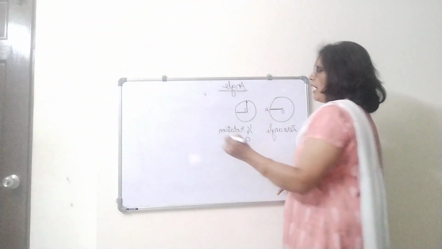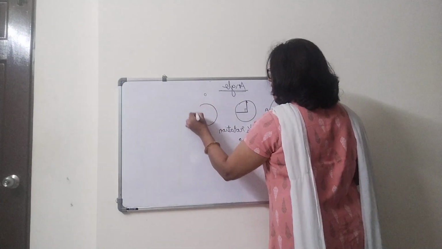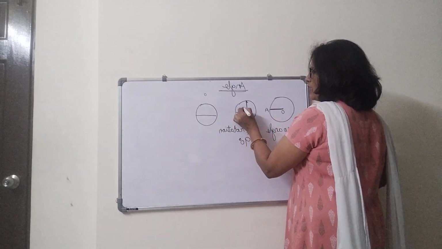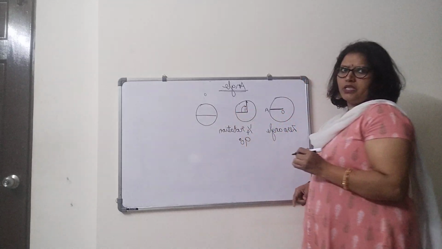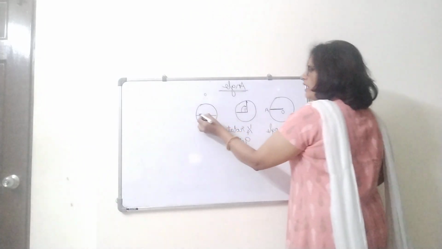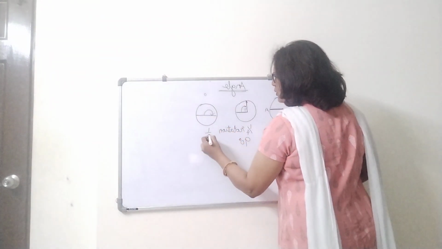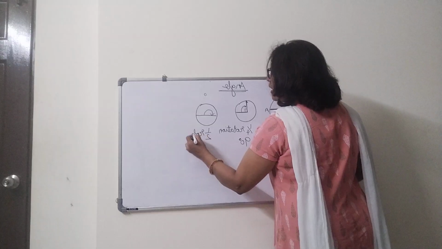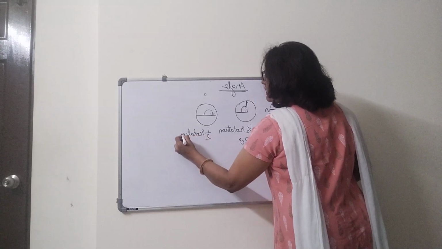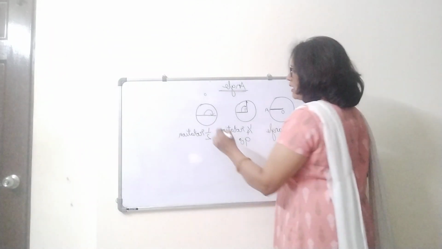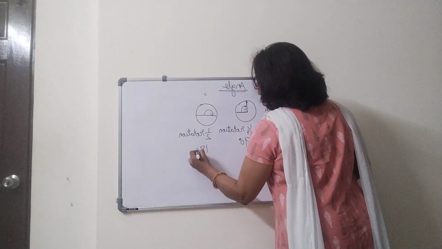When this angle rotates again, from here to here, that means half rotation. When this angle rotates half, then that time it is 180 degree.